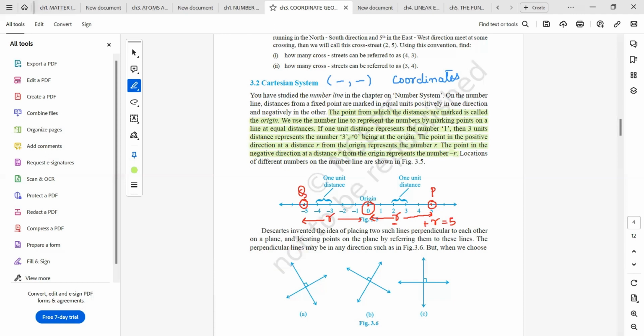Now, if I travel to point Q, then I'm traveling towards the left-hand side, the negative direction. So you can mark this r as negative, because the distance is -5. So in this way, we can travel towards the positive side and also towards the negative side. Is it clear? Yes, ma'am.